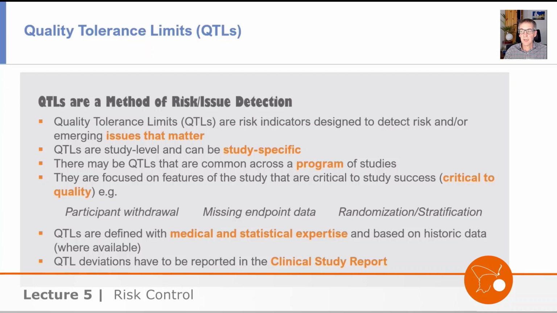And those levels, if possible, the levels of the quality tolerance limits, so at what point it becomes a concern, should be based on historic data, but you don't always have historic data.